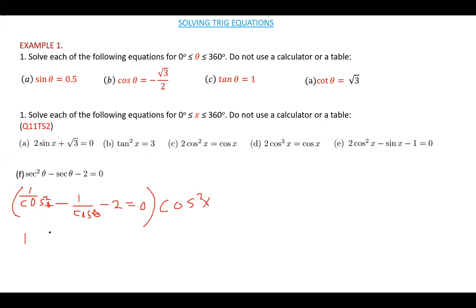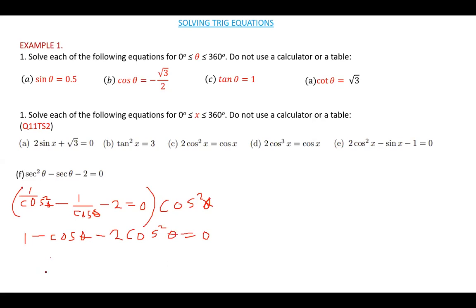This cos squared times that, you're going to have 1 minus, when you multiply this times that, you're going to have cos theta. When you multiply this, you're going to have negative 2 cos squared theta. And then when you multiply it with 0 there, you are going to get your 0.